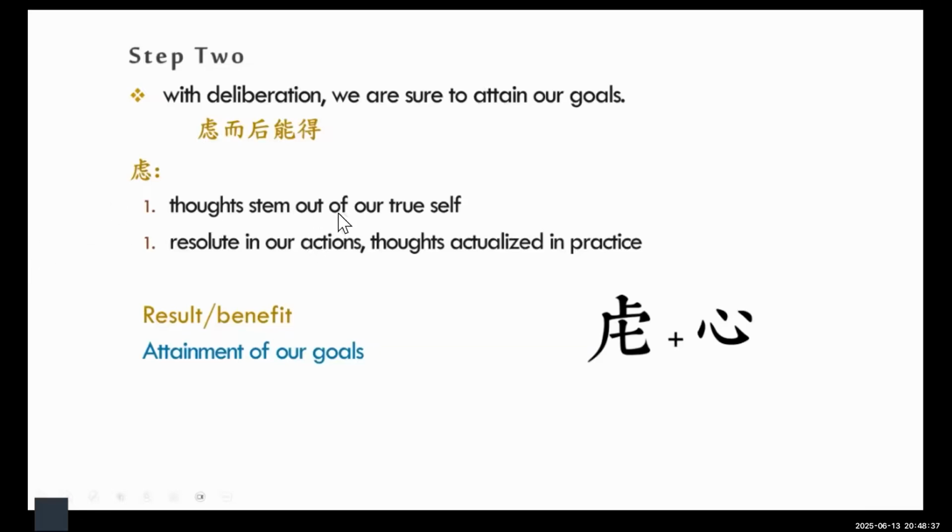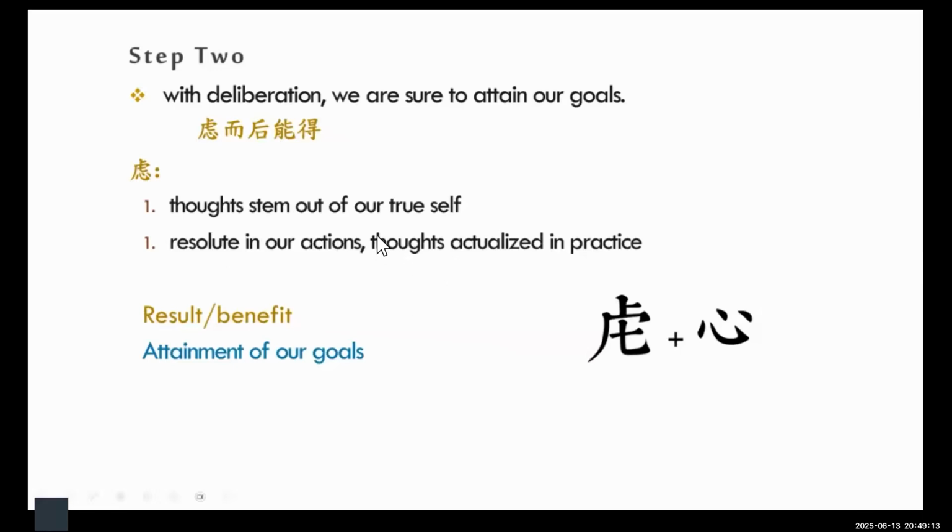So this means that we are able to achieve our goals. Because of the previous steps, whatever we think at this step is based on our true nature, our true self. So this is surely taking us to our goal, our destination, or the other shore, right? The result is the attainment of our goals.